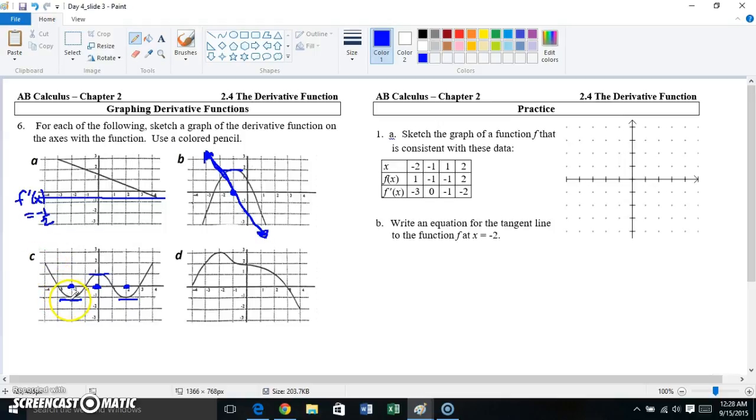They are negative. Negative big, negative small. Okay, so we've got to be below the x-axis coming to that 0. What are the slopes between negative 2 and 0? Well, they're positive small, somewhere in between, right? Maybe at negative 1, they're the biggest they can be, and then they're going to get positive small again, and back to 0.